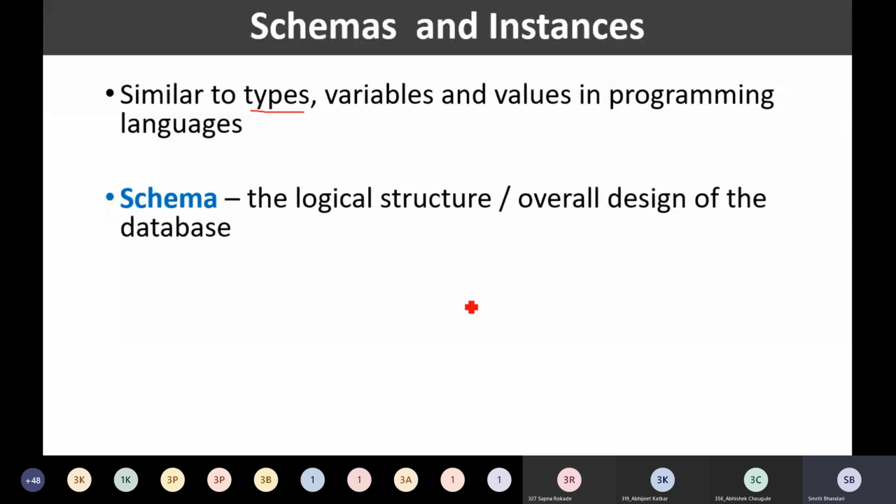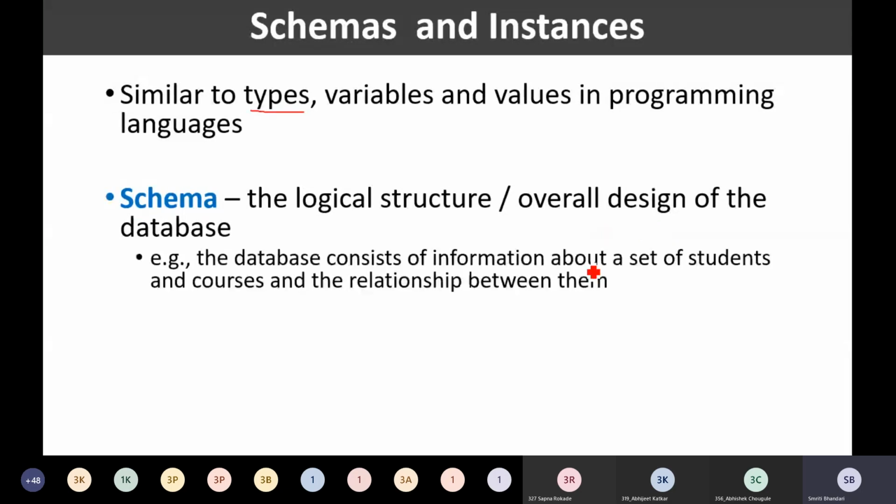So instructor is one of the records, and for that instructor I need to store ID, which is of type character. I need to store name, which is also of type character. This is the information that I would like to store, and under schema we describe that kind of information.